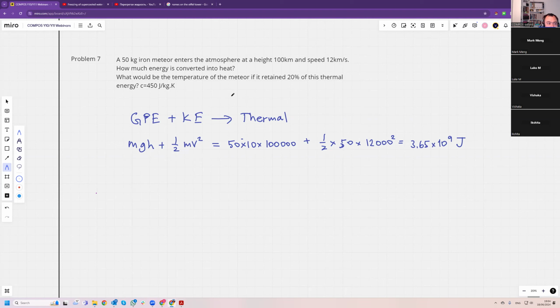How much energy converted into heat? What would be the temperature of the meteor if it retained 20% of its thermal energy? Well, first of all, what is the temperature of a meteor in space? Well, we'll assume it's the temperature of space.